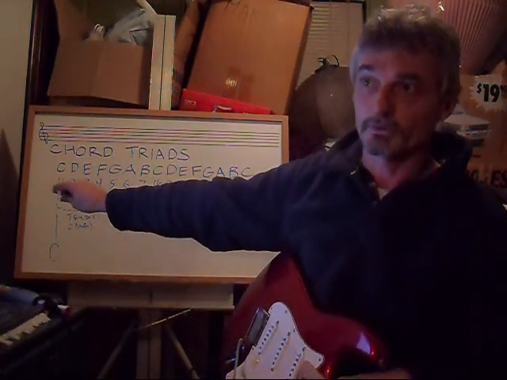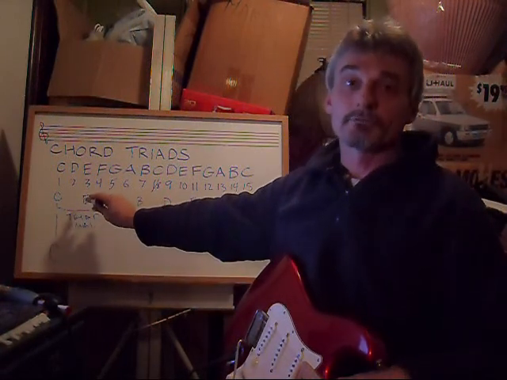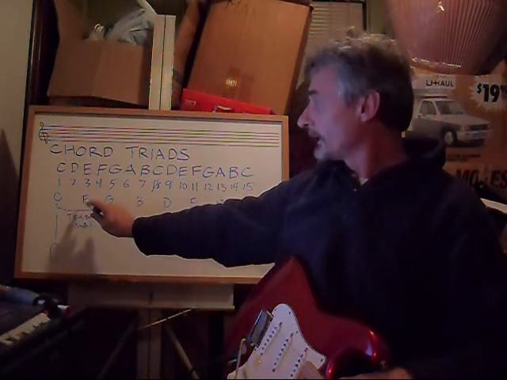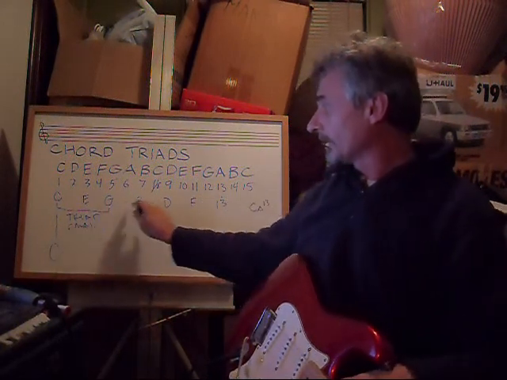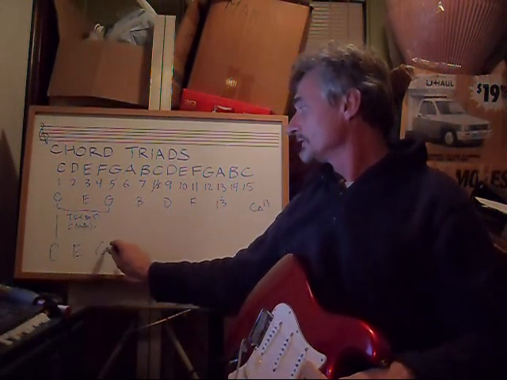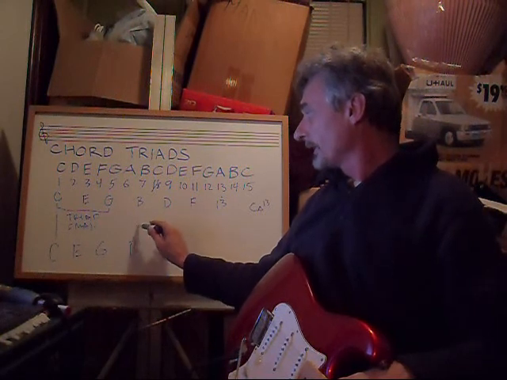So we're talking about a C major chord. Put that, and then build a triad from, let's say, the 3rd. So I have E, G, B. I have this triad that I'm adding to that note. So that would be C, E, G, and B. And that's my major 7.